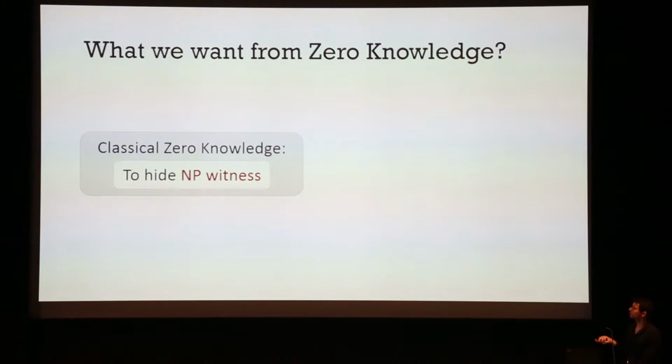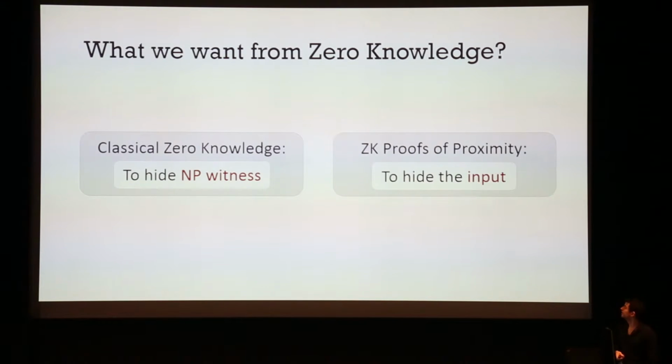So here, what we actually wanted to do is to hide the NP witness. In our case, what we actually want to hide is the input. So the verifier is a sublinear time verifier. It cannot read the entire input. And we don't want him, following the proof, to be able to learn something that he couldn't have learned by himself. So this is the main intuition behind our definition and what we want to gain in this setting.